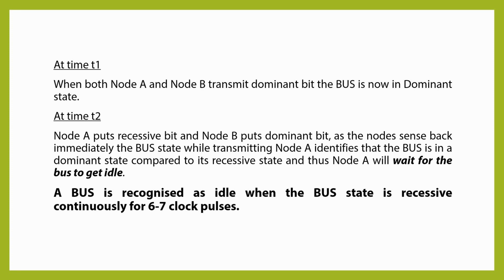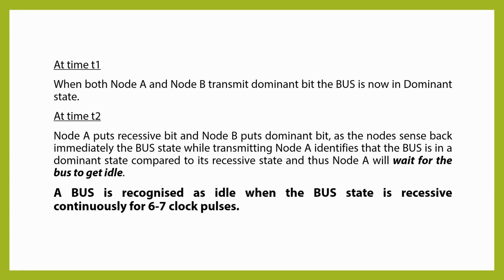Explaining what I've just explained also, let's read through it one more time. Imagine at time T1, both node A and node B transmit a dominant bit, so the bus is now in the dominant state. At time T2, node A puts a recessive bit and node B puts a dominant bit.